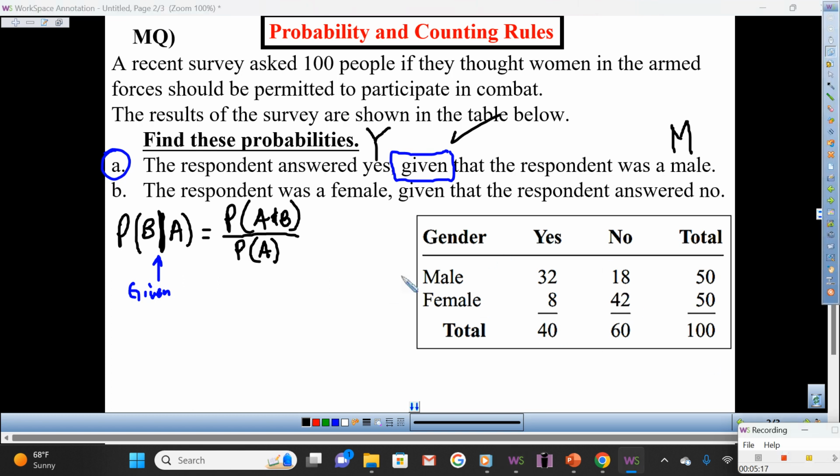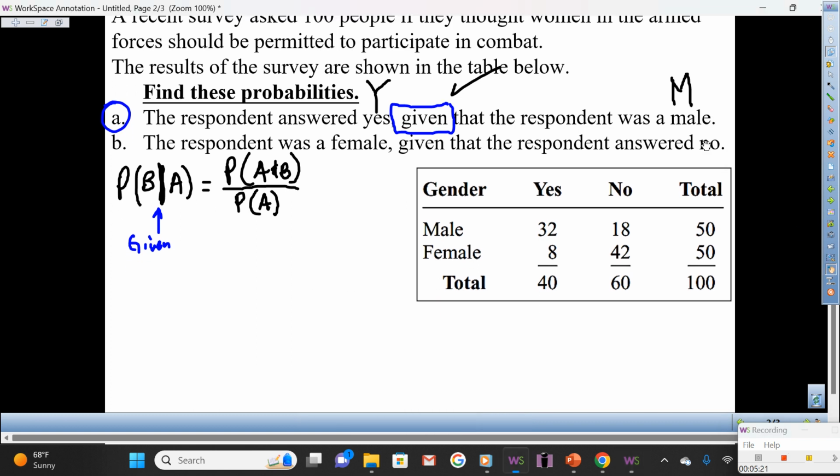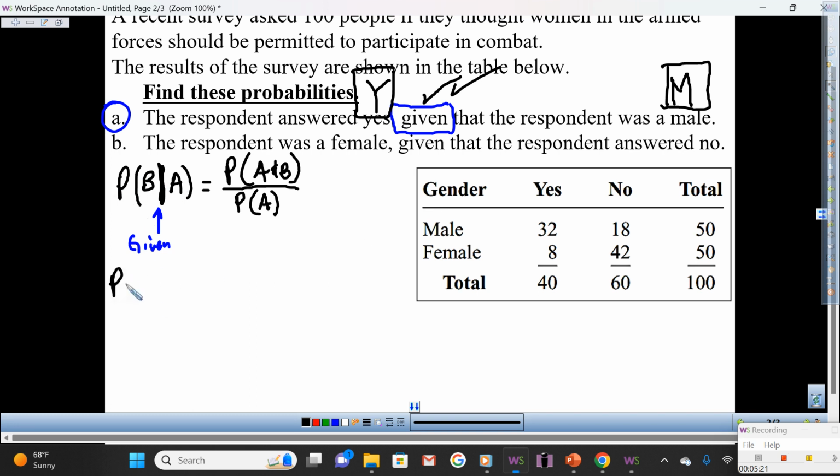So far so good, yes? All right, so watch. It reads, the respondent answered yes, given that the respondent is a male. So check this out. Just as it is written, what came first? The Y, and then the word given, and then what letter? M. So I'm going to rewrite this using those letters.